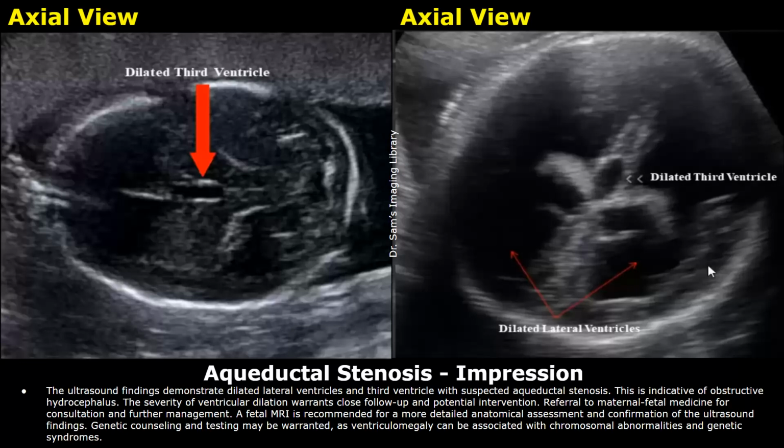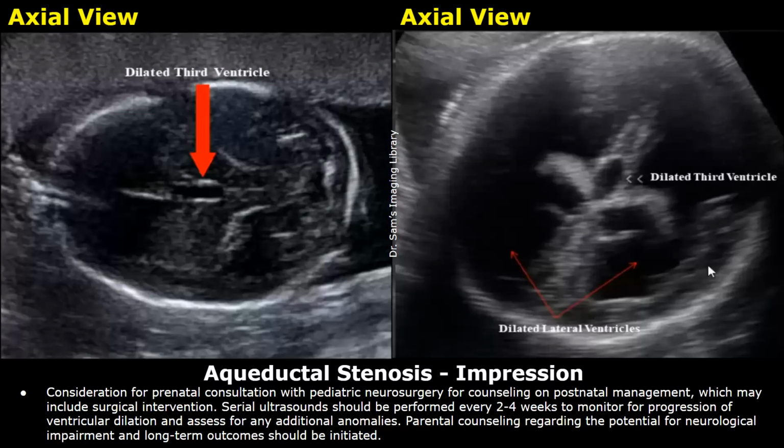Referral to maternal fetal medicine for consultation and further management. A fetal MRI is recommended for a more detailed anatomical assessment and confirmation of ultrasound findings. Genetic counseling and testing may be warranted as ventriculomegaly can be associated with chromosomal abnormalities and genetic syndromes.